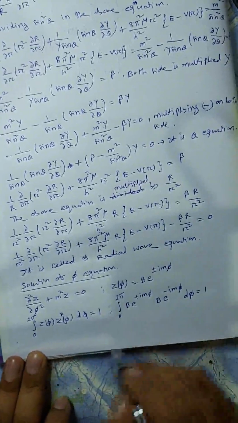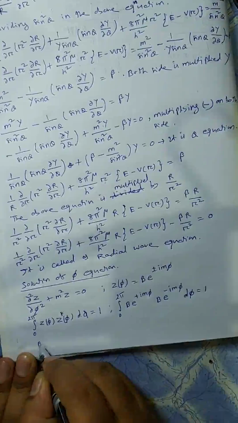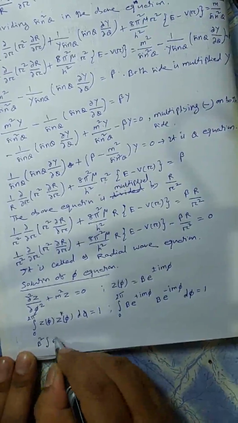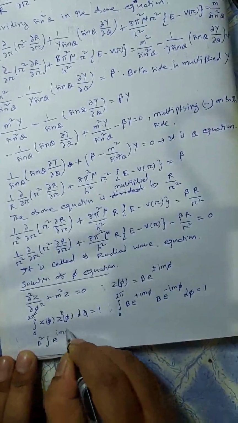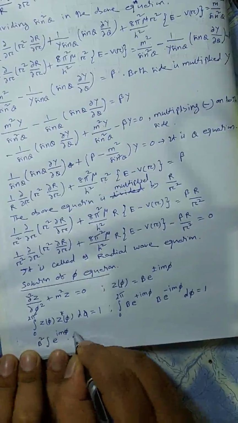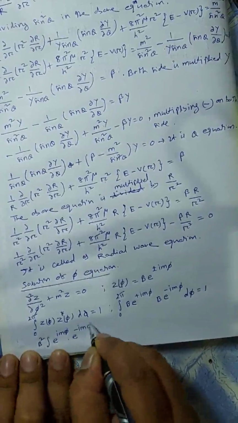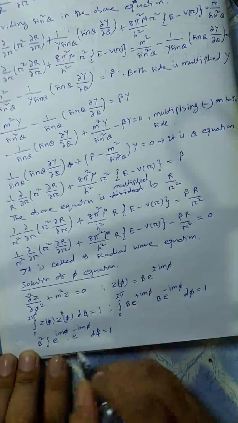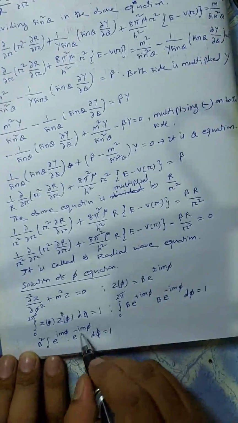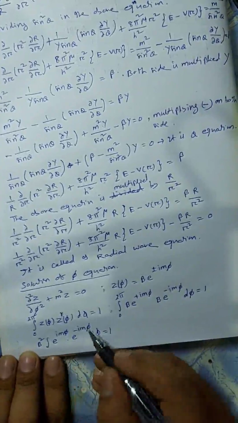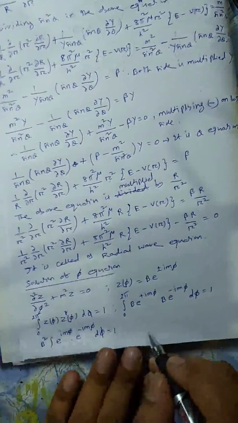Now b square comes outside. Then what is remaining? e to the power i m phi, which is positive, into e to the power minus i m phi d phi is equal to 1. e to the power x, e to the power minus x, plus x and minus x cancel to 0, so e to the power 0 is equal to 1.